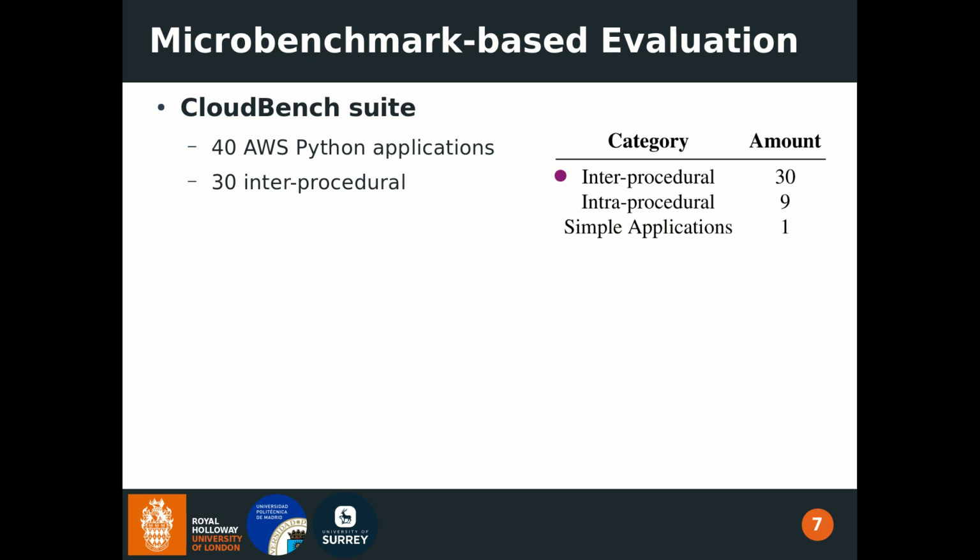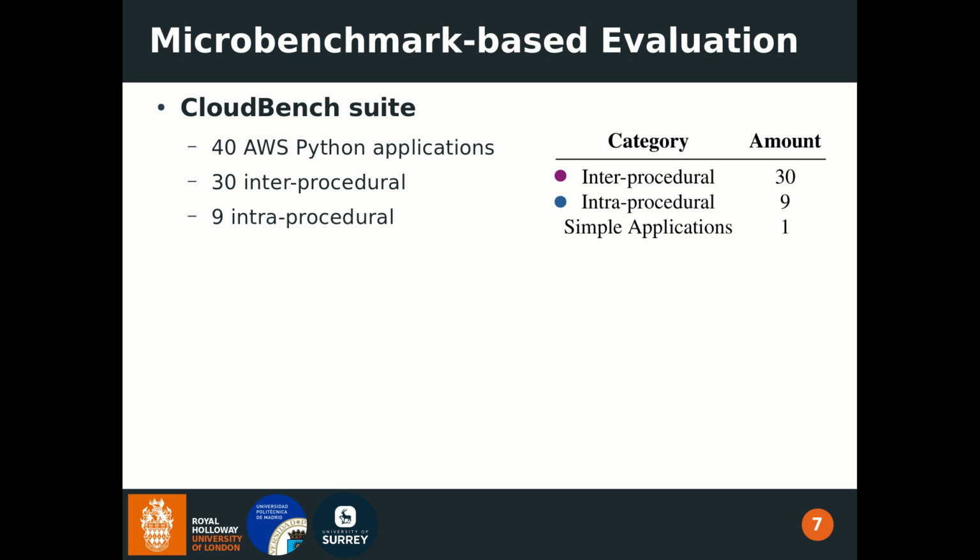30 of them are interprocedural, whilst 9 are intra-procedural. The interprocedural ones include data flows that begin and end in different handlers, and they always contain event-triggered code.